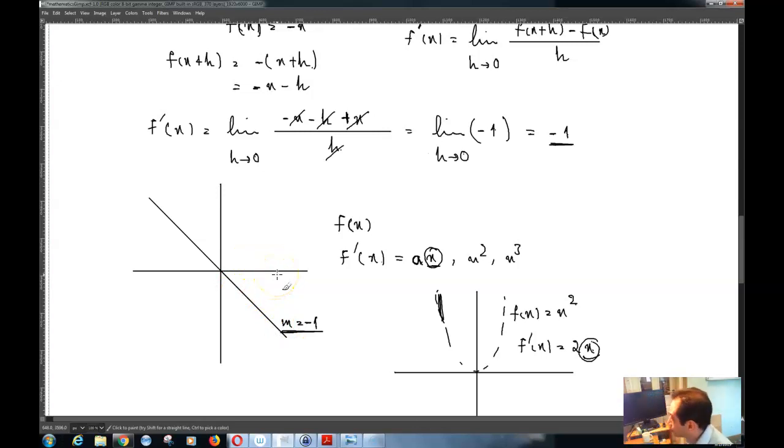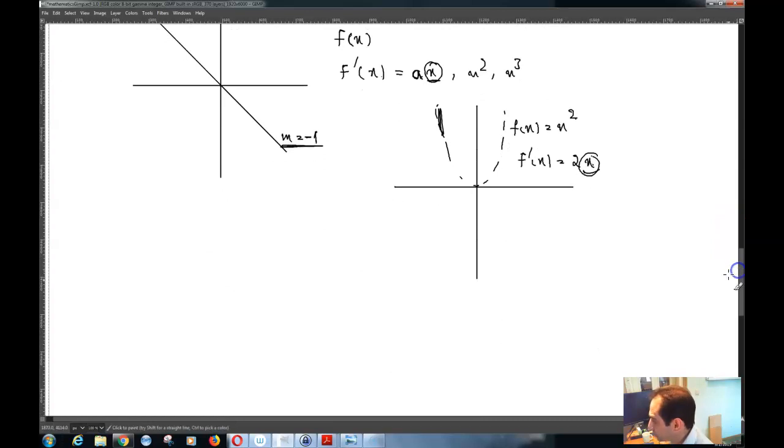So that's basically that. And of course, if you were to take the derivative of this function using, we said that if f of x is equal to x raised to the power n, then f prime of x is going to be n times x raised to the power n minus 1.